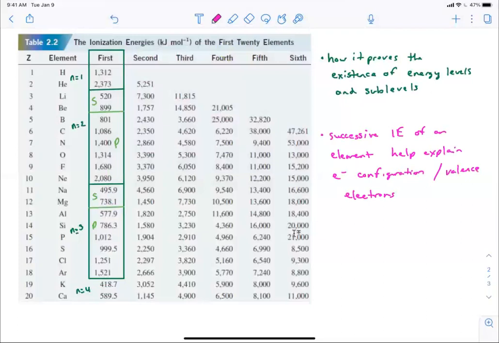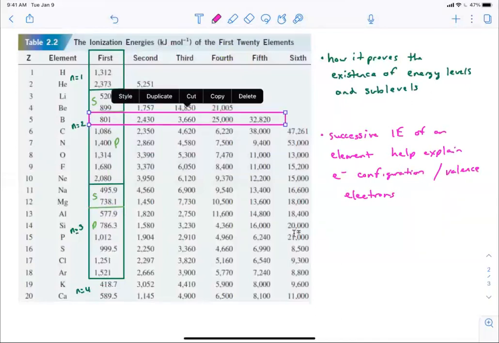So looking at a single element's successive ionization energies, for example, boron here, okay?